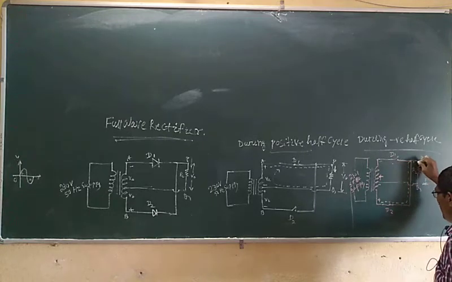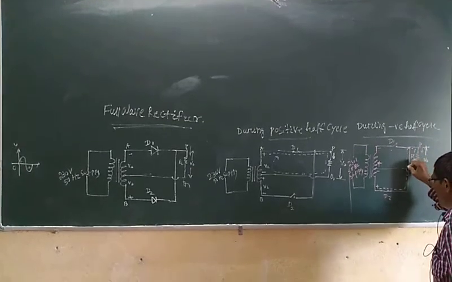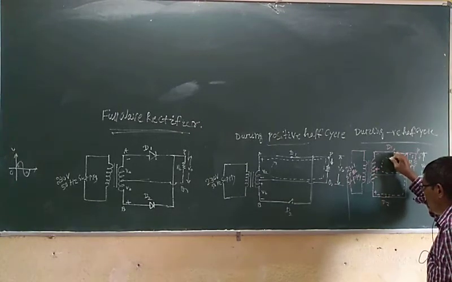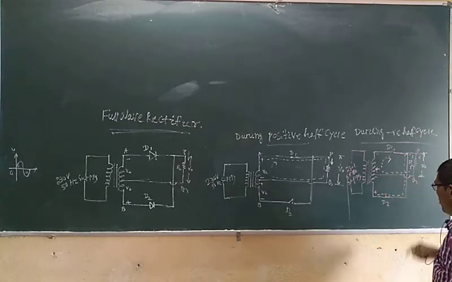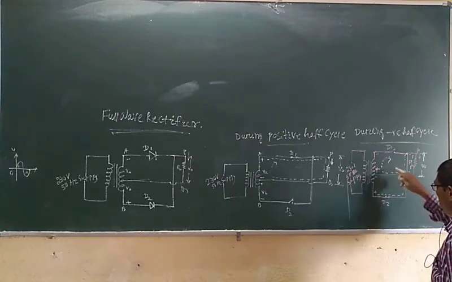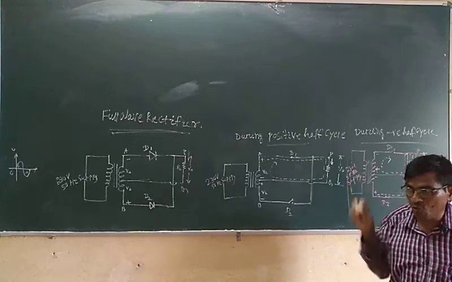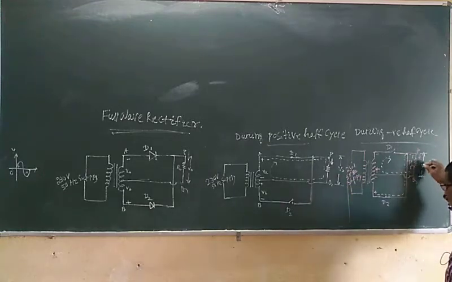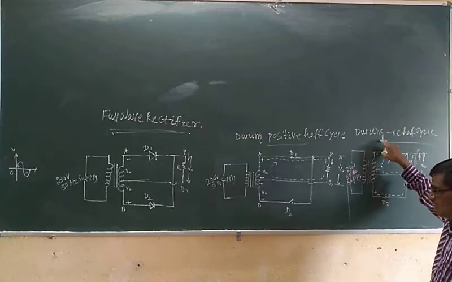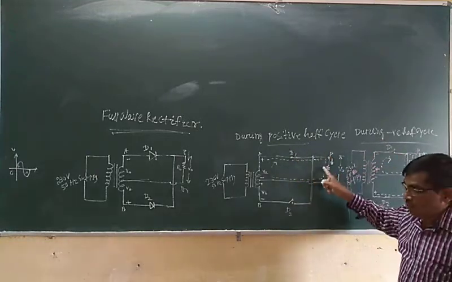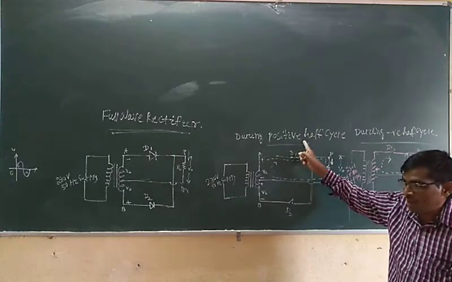Then the current passes through the load, completing its loop. So in this circuit the current flows from P to Q. The current direction is P to Q during the negative half cycle, and P to Q during the positive half cycle.